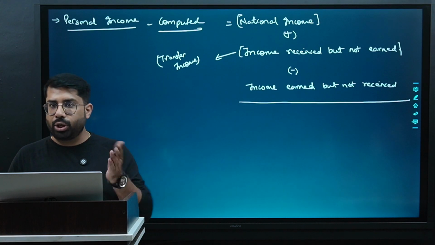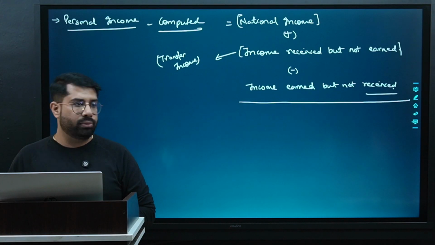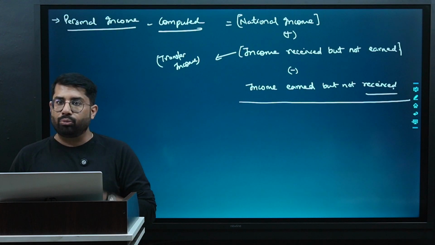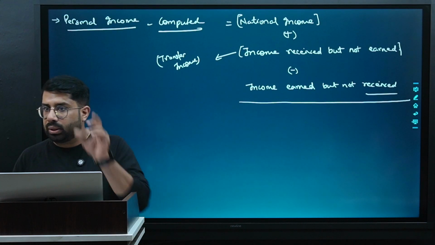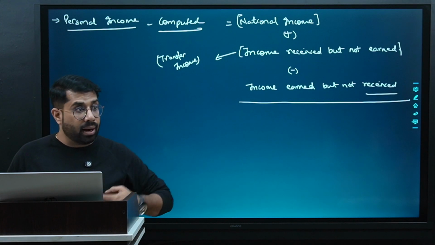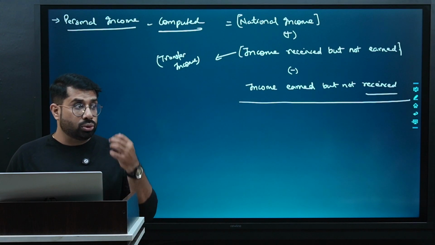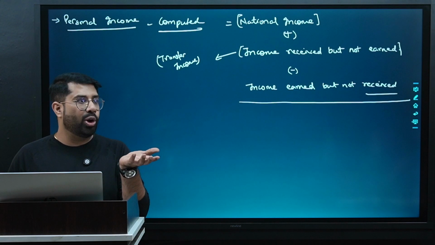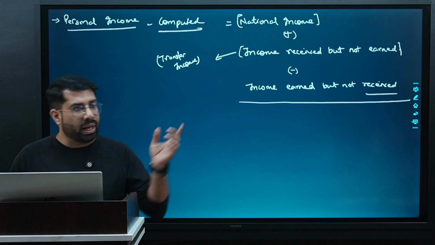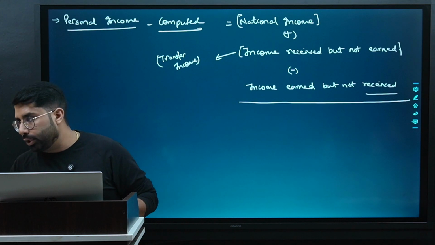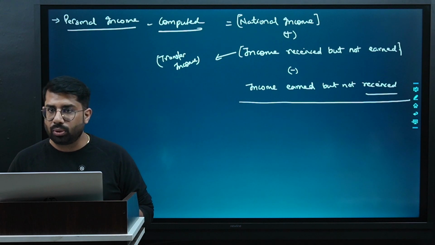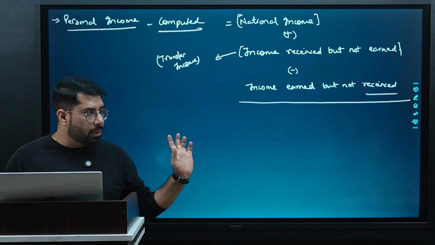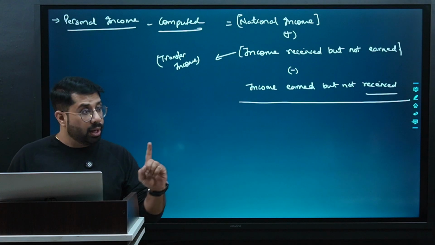It means the money is due but you have not received it. It means I have worked for someone but he has not paid the money to me. That amount I can recover, but since that amount is not in hand right now, I cannot use it freely. That is the reason we are subtracting it from the national income. Are we clear? Yes or no? So this is the personal income of the households.